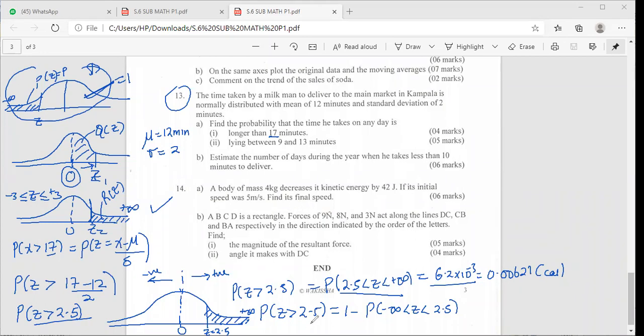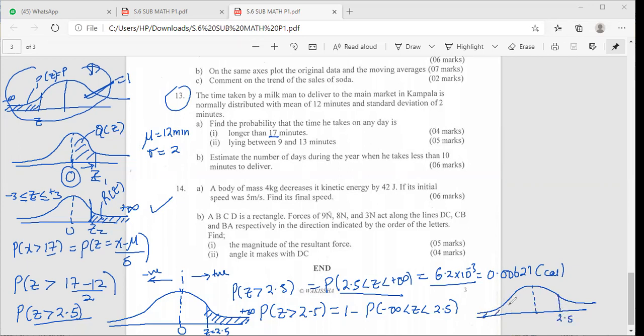We want now to use P. Press again until you reach where P is. Then you select P and put in 2.5. I want to hear the answer you're getting. In that case, the graph looks like this. This is 2.5.